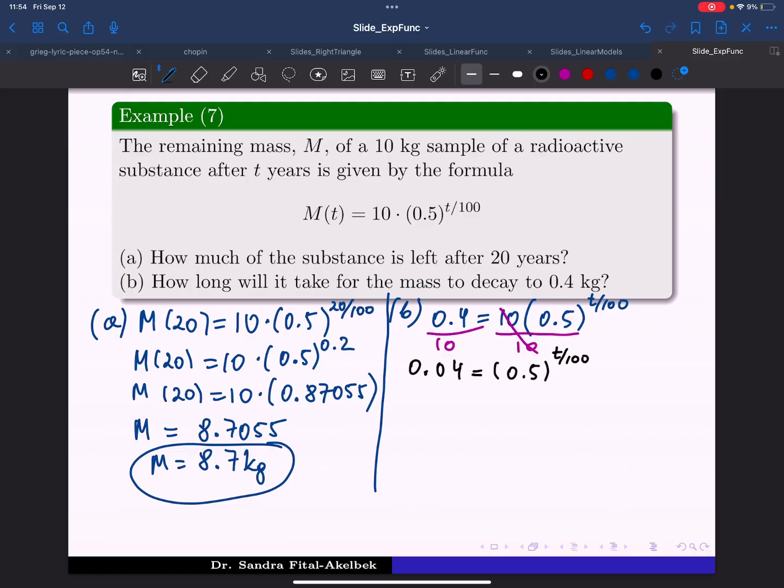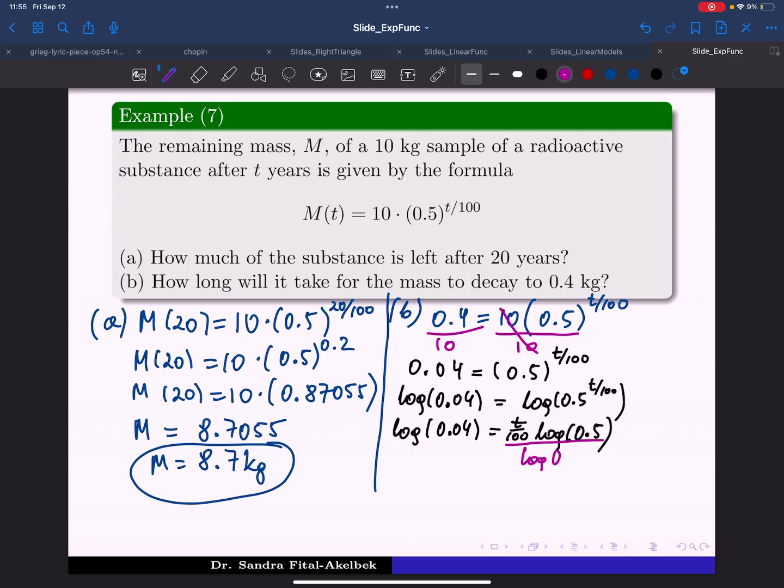Now we can take log of both sides. So we have log of 0.04 is equal to log of 0.5 to the power t over 100. As before, the exponent can go in front. So we have log of 0.04 is equal to t over 100 times log of 0.5. Then we will divide by the log of 0.5.